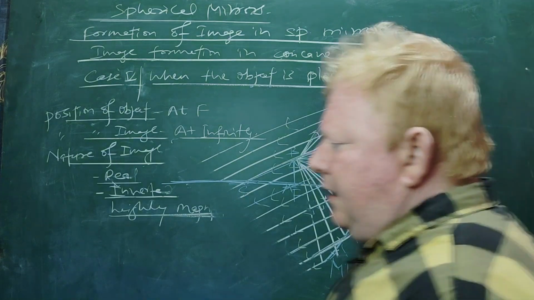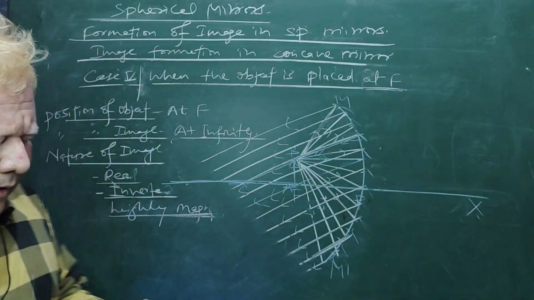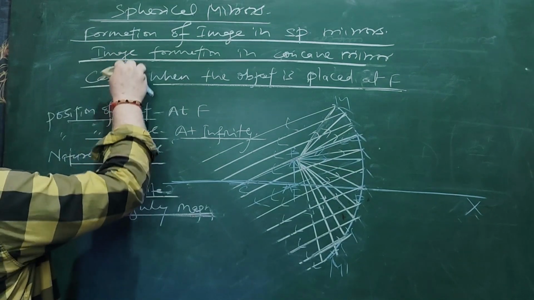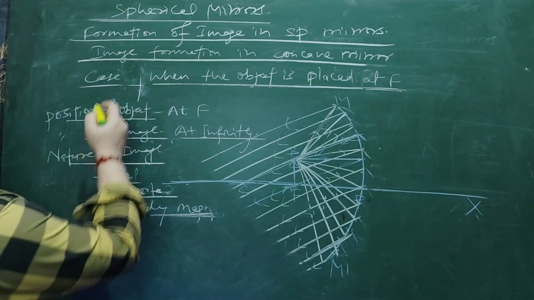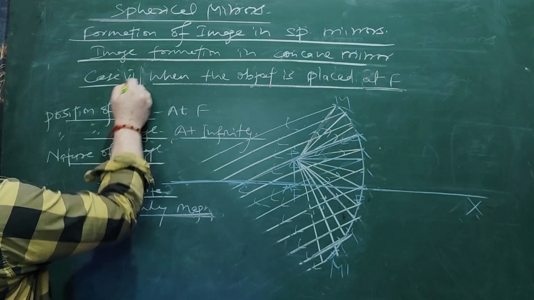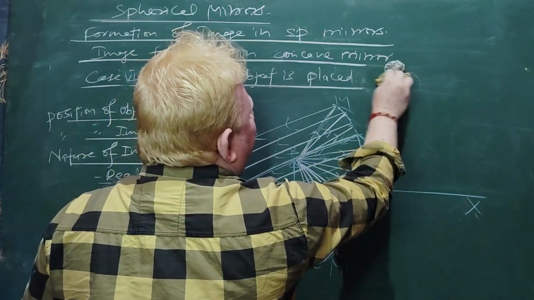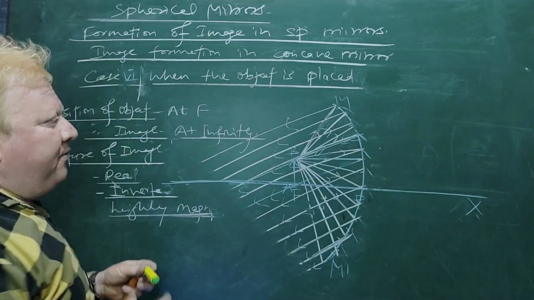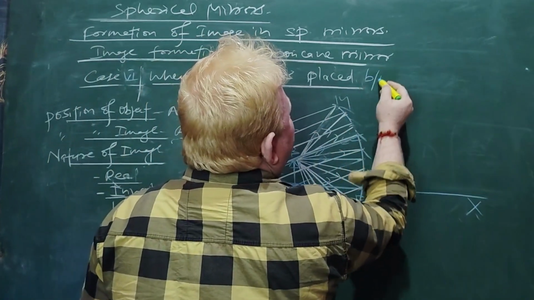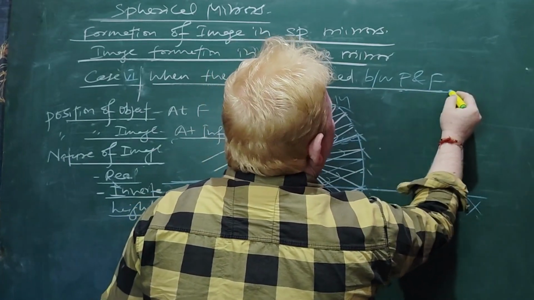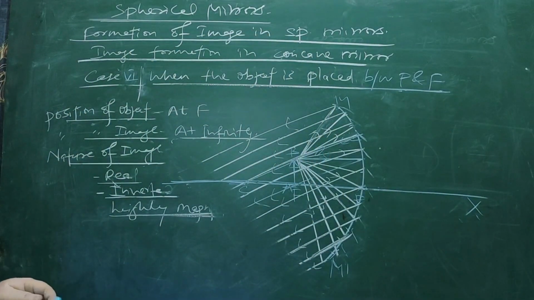Well done. Now let me consider case 6. So what is case 6? Case 6 is when an object is placed in between P and F. P means pole and F means focus.